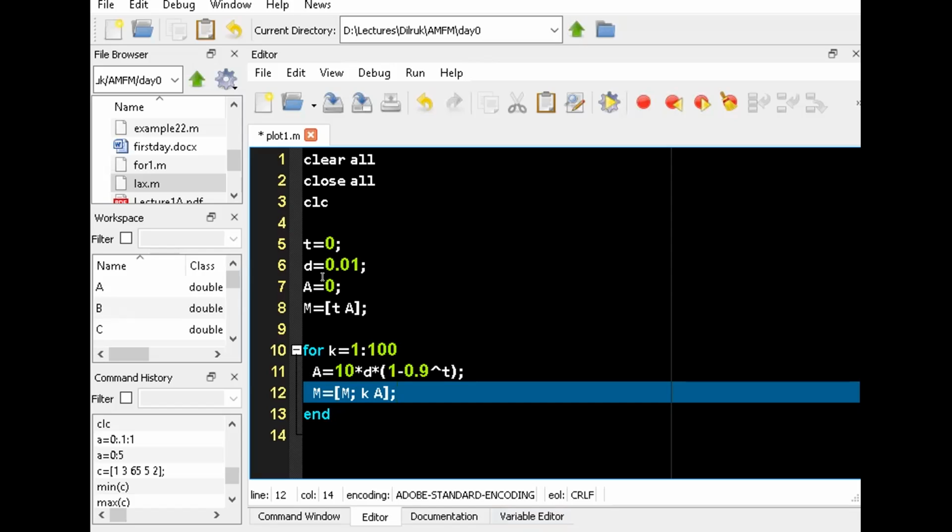Then break that row and put the k value. Now the k value is 1 and the corresponding a value is this one. Something like this, so let me draw.